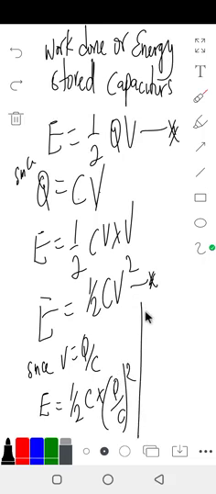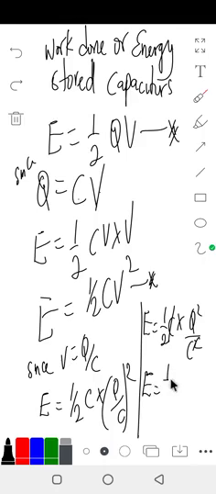Then you have energy equal to half C times Q squared over C squared. C cancels one C. You have E, energy stored, equal to half Q squared over C. Take note of these three formulas.